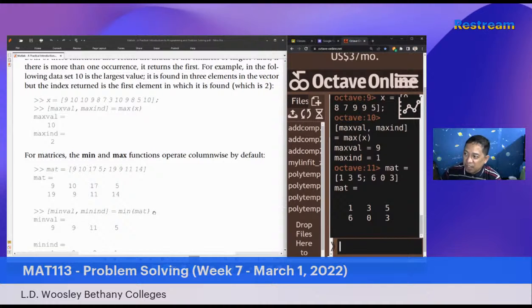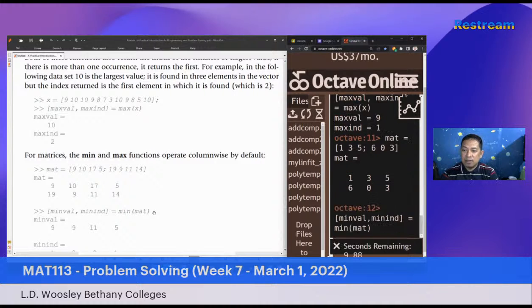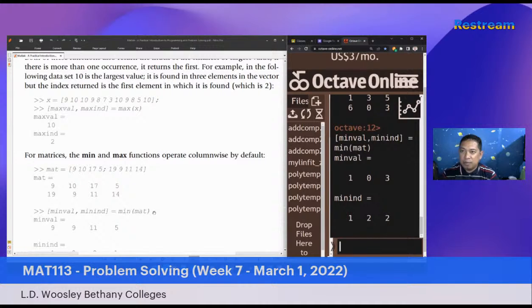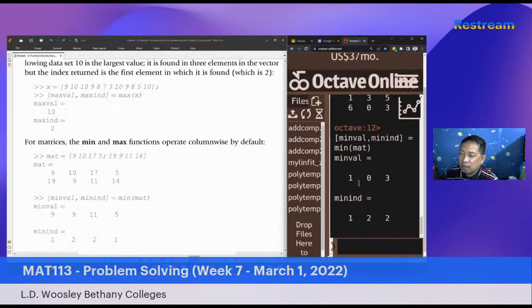So from here, we could compute, for instance, the minimum value, min val, and then min index, min ind. Yan, it would be connoting the minimum value format. So, from there, makikita natin, if you will observe, dalawa yung values na nabuo.